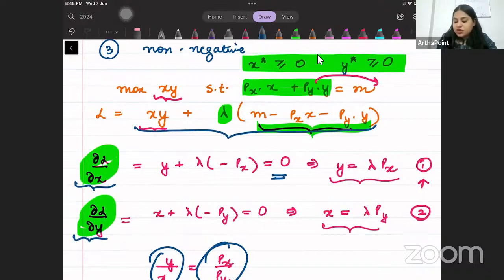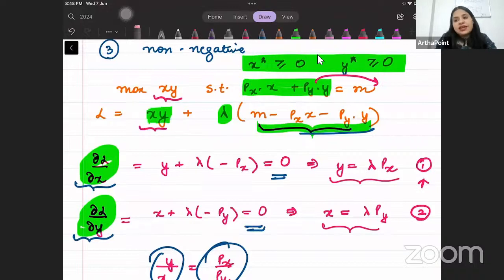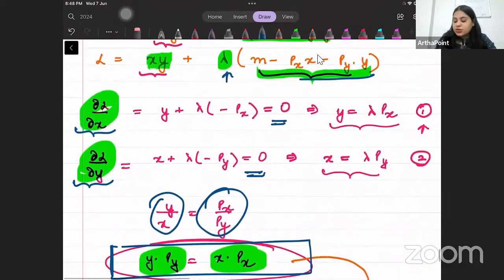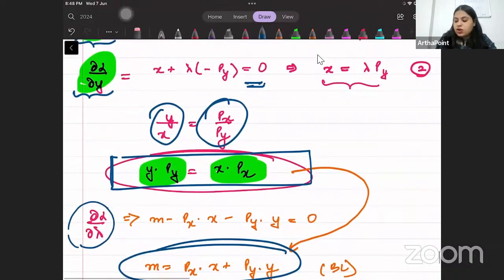Similarly, with respect to y, I equated it to 0. There are 3 variables in Lagrange: how much x you should consume, how much y you should consume, and the third variable is the Lagrange multiplier, which is lambda. So you must differentiate it with respect to lambda also and equate it to 0.